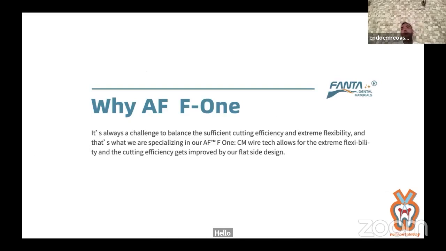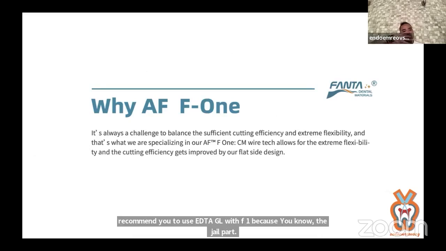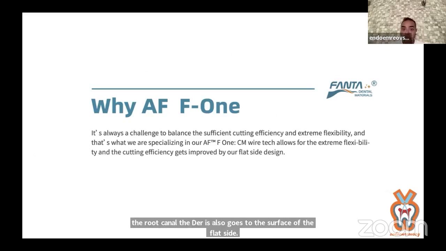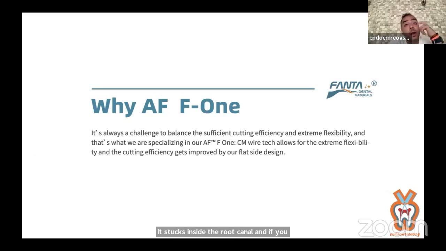We never recommend using EDTA gel with F1, because the gel sticks on the instrument, and if the instrument rotates inside the root canal, the debris also goes to the surface of the flat side. It sticks inside the root canal, and if you try to remove the instrument, you can break the instrument inside the root canal system.